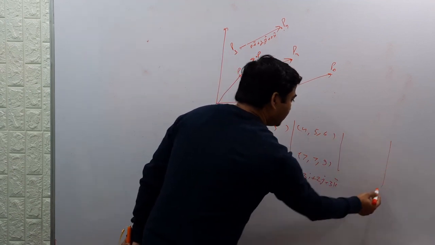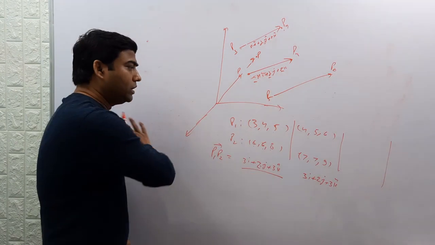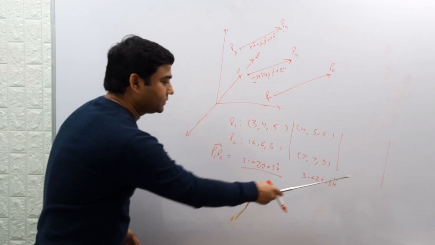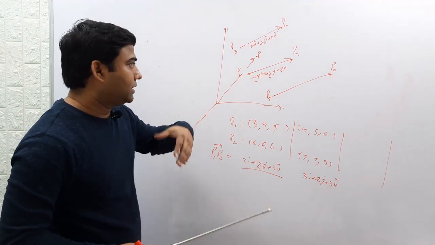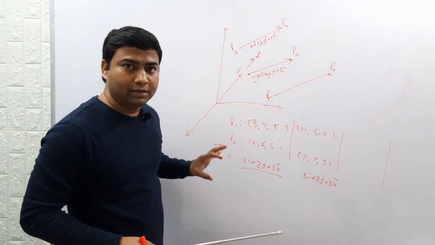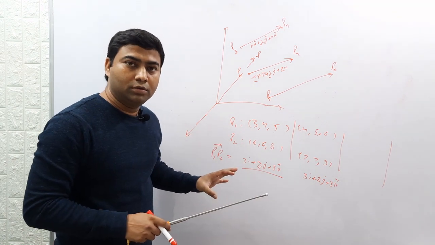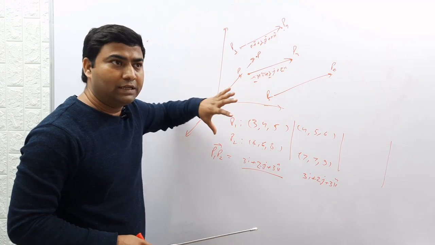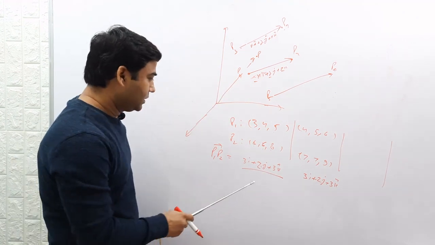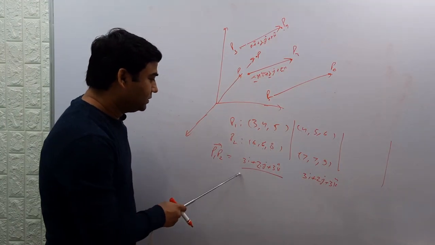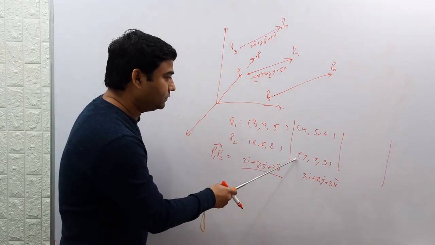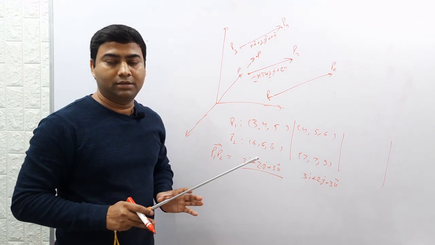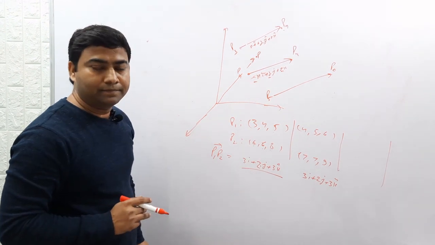Similarly, you can have another pair of points. So you have infinite number of pairs of points giving the same vector. So our statement of free vector applies here also, because there are infinite number of pairs of points which will give the same vector. You can achieve this vector by P1P2, P3P4, P5P6, infinite number of pairs you can construct to find this same vector.